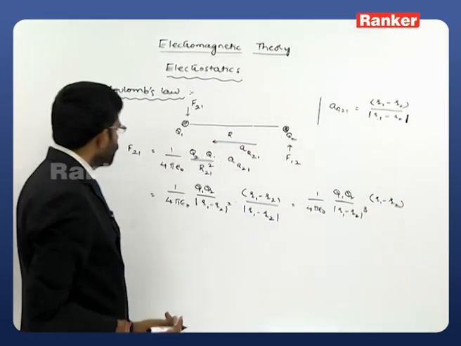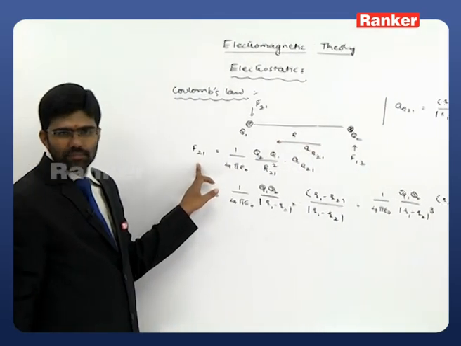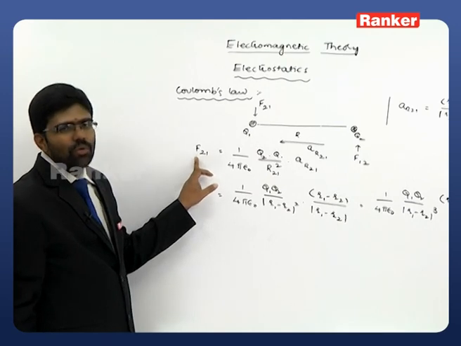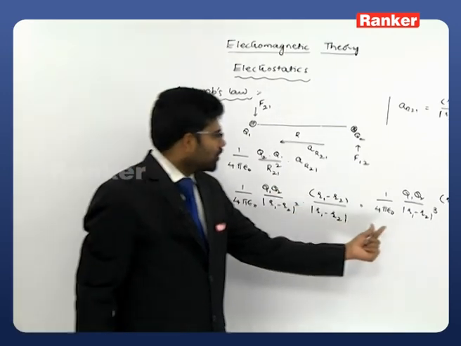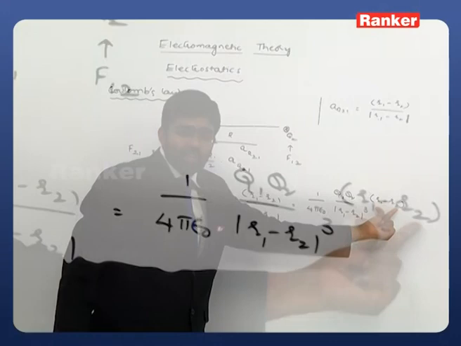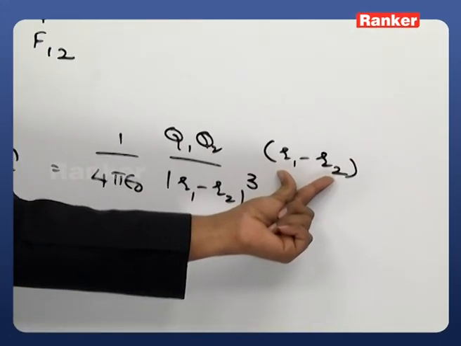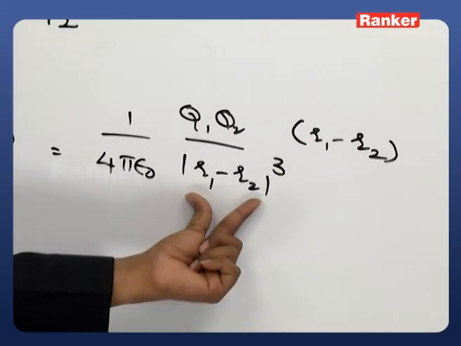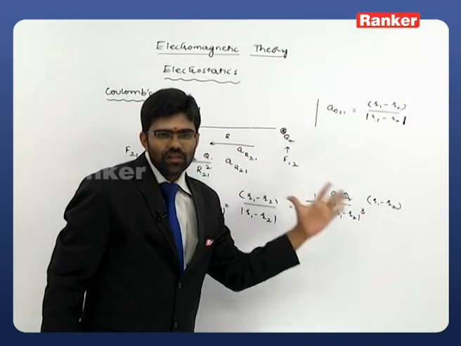This is the equation we get for F21, always the force from 2 to 1. Clearly observe this once again: this r1 minus r2 is the distance vector, and this magnitude of r1 minus r2 is the magnitude of that particular vector.